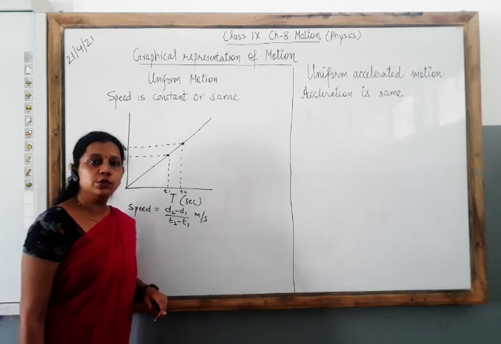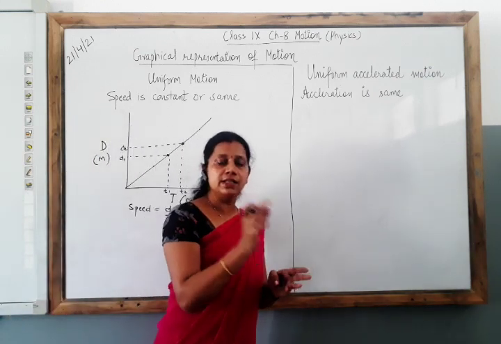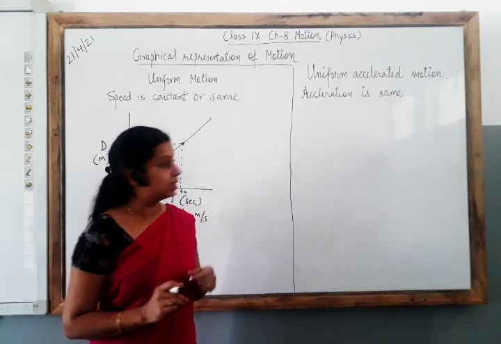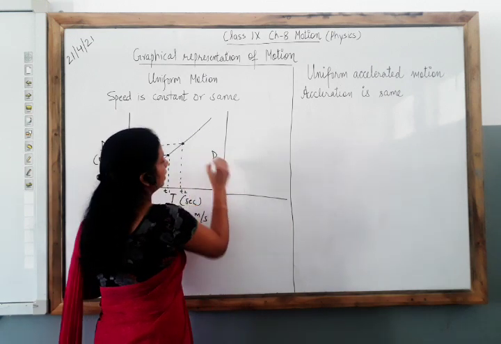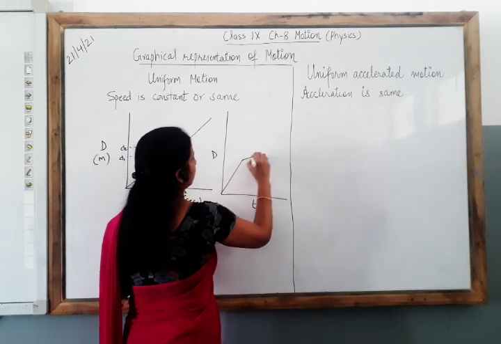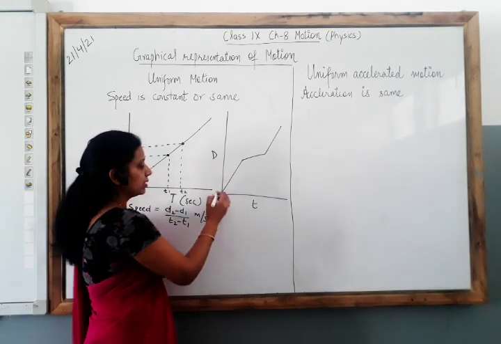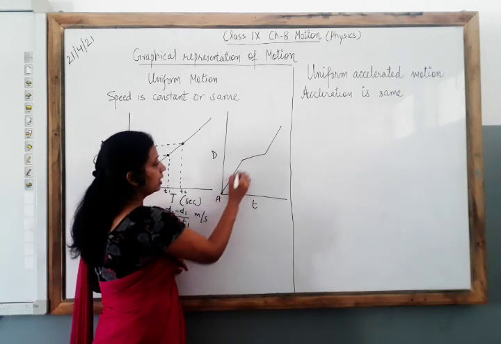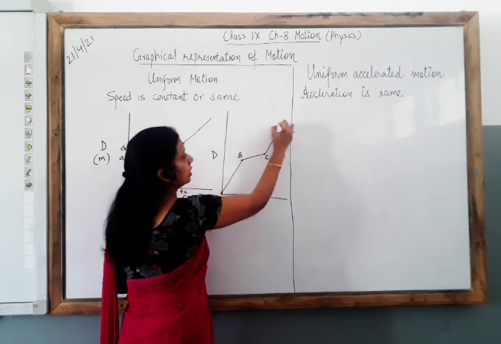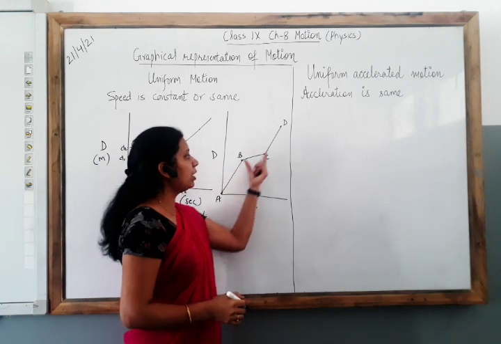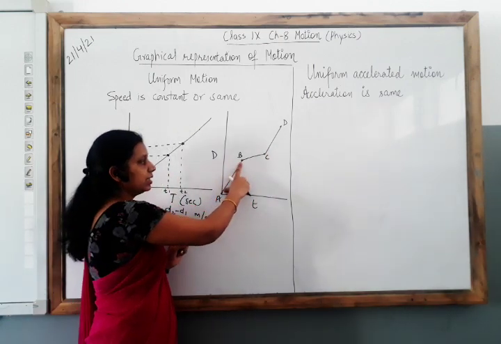For non-uniform motion, you have a curve. For this curve, different regions are going to have different speeds. For example, let's say this graph, this is D, this is T. Here in this graph, you have three regions: starting from origin A to B, then B to C, and then C to D. If you have to find speed here, you will get three different speeds, one for each straight line region.